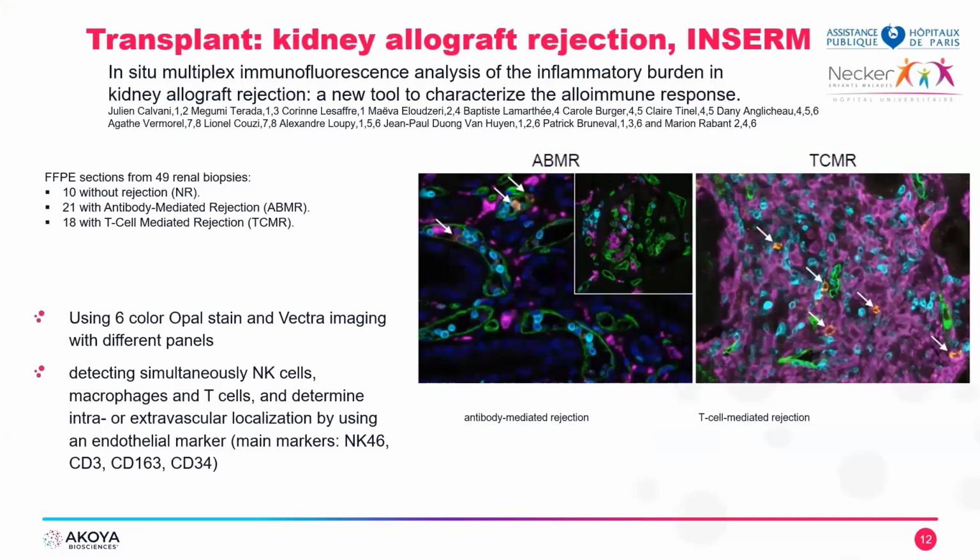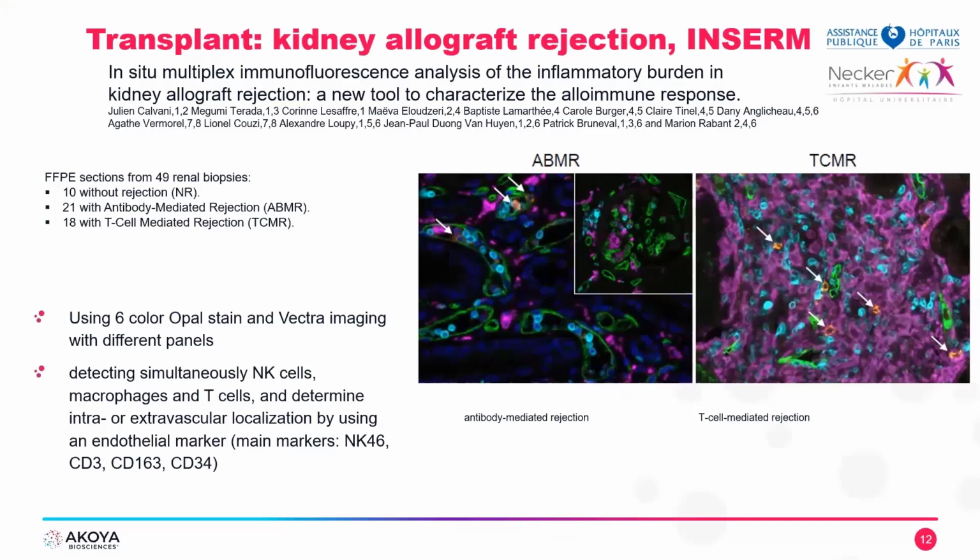So the question here was about the antibody-mediated rejections or T-cell mediated rejections. And as a most apparent marker here, they looked for NK cells and looked whether these NK cells are more in blood vessels, more outside, and had to look for the localization of these NK markers.